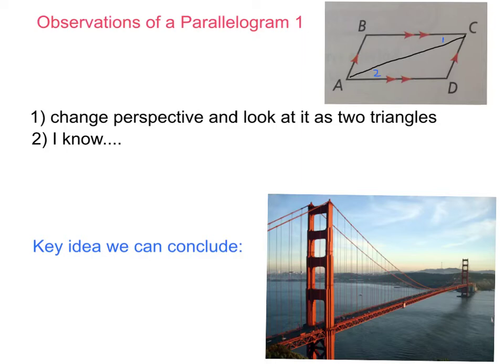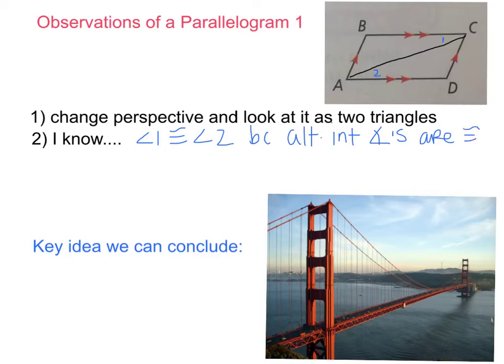They're on opposite sides of this transversal. That's right, they're congruent. They're alternate interior angles. So I know that angle 1 is congruent to angle 2, and I know this because angle 1 and angle 2 are alternate interior angles, and alternate interior angles are congruent.